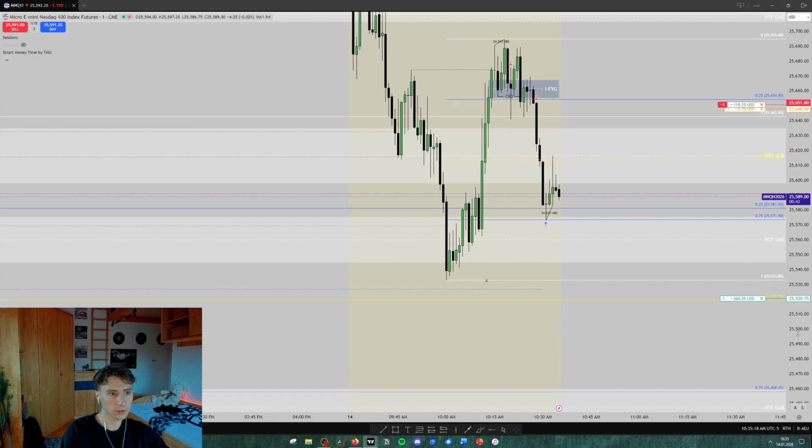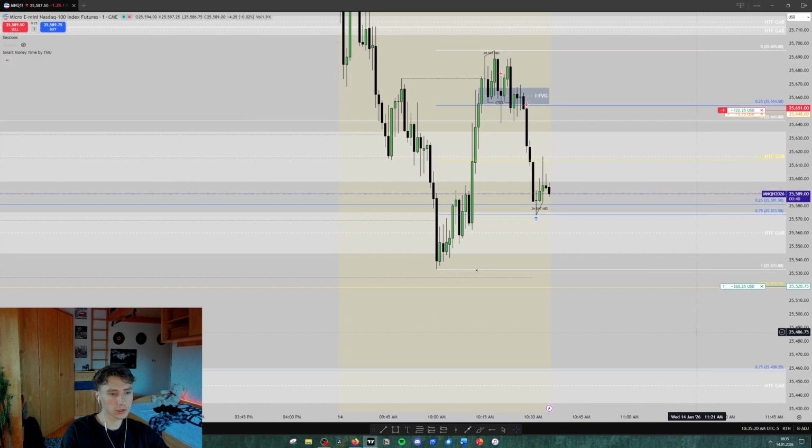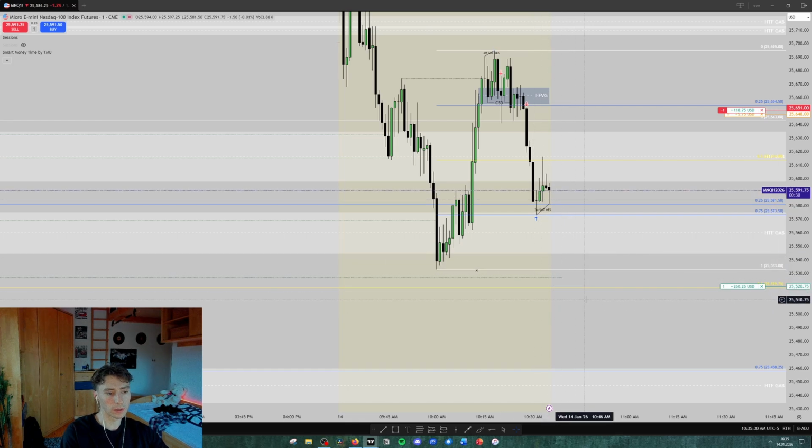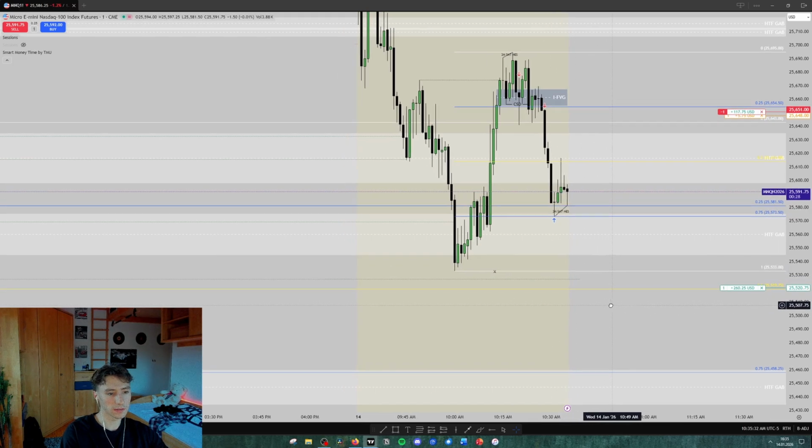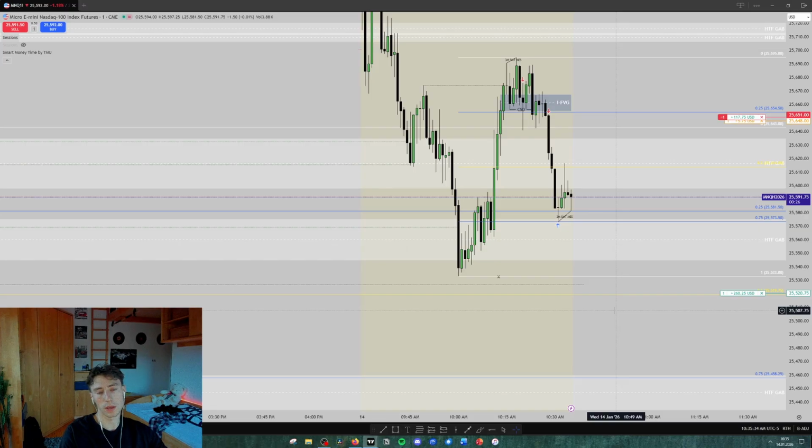Because I really don't want to focus too much on my P&L and rather more on price action. So therefore we have reasonable targets where NQ could start a smart money reversal or maybe even only retrace. But if it's still a higher time frame retracement, then we will definitely get stopped.